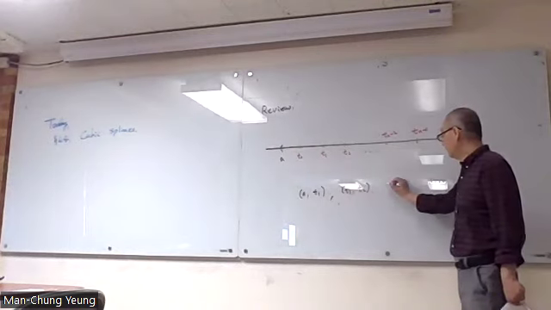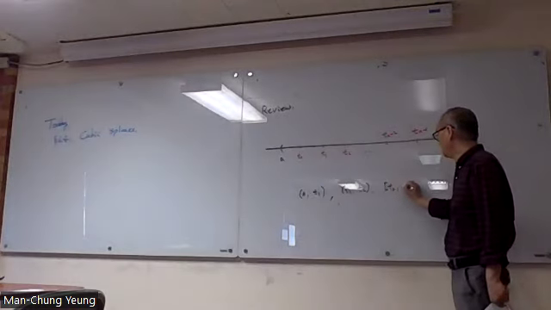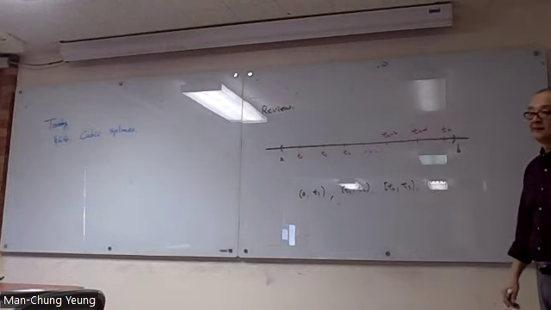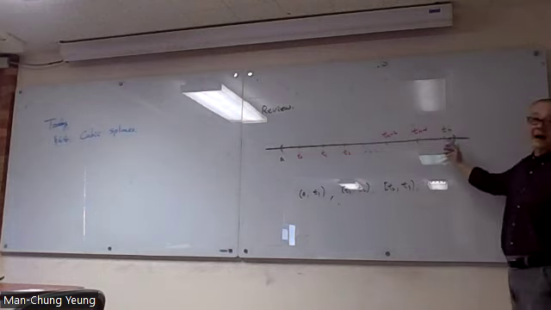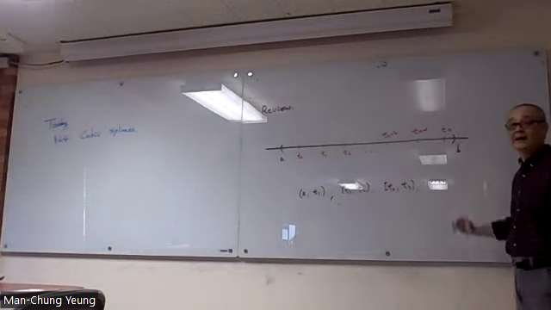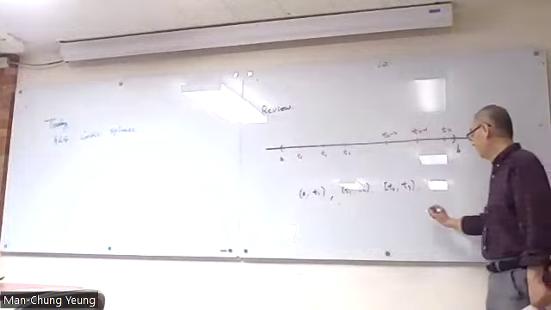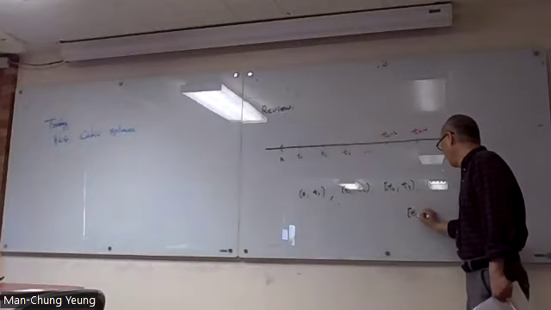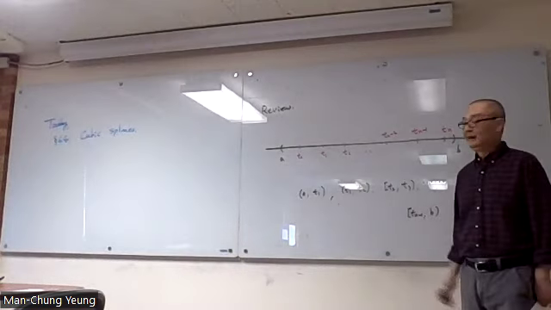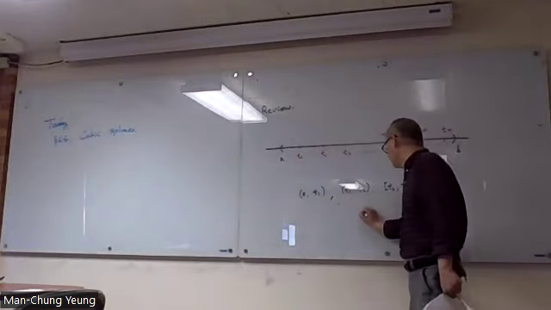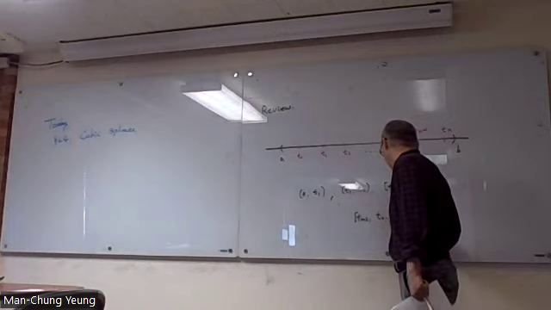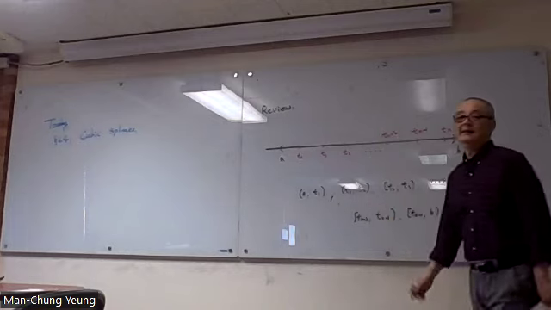Then closed at T2, open at T3, and so on. The last subinterval is Tn minus 1 to B, and the second last is Tn minus 2 to Tn minus 1, and so on.